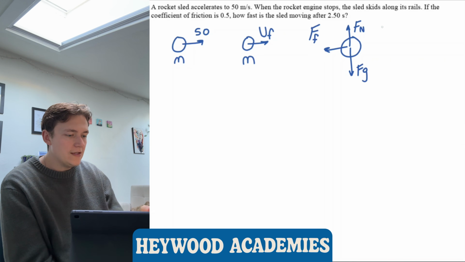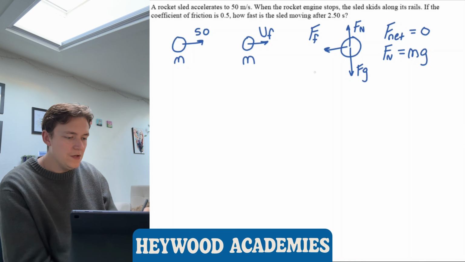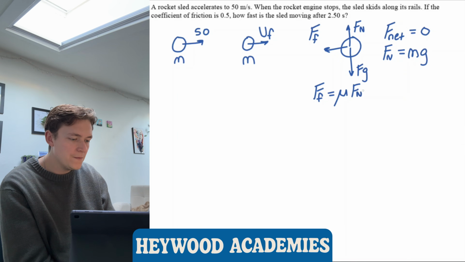Now we're not accelerating in the y direction, so the net force in the y direction should be equal to 0, and the normal force should be equal to the force of gravity, which is m times g. Then we can also use our equation from our forces section, which says that the friction is equal to our coefficient of friction times the normal force.